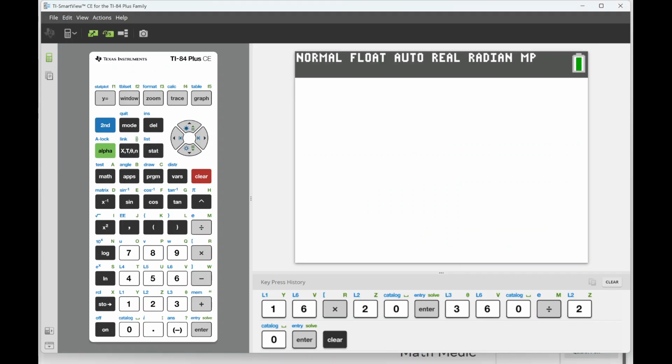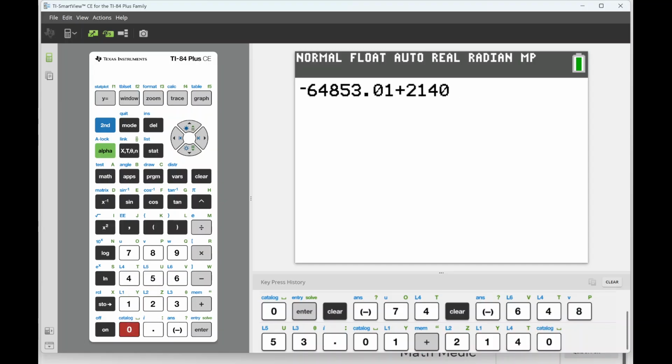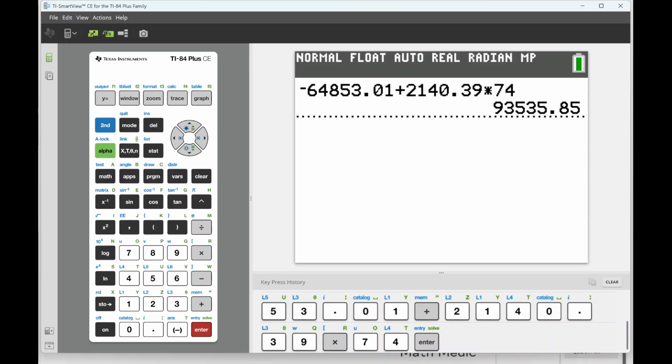So we'll plug in 74 there. Go to our calculator. Punch that in. So negative 64,853.01 plus 2,140.39 times 74, and we get 93,535.